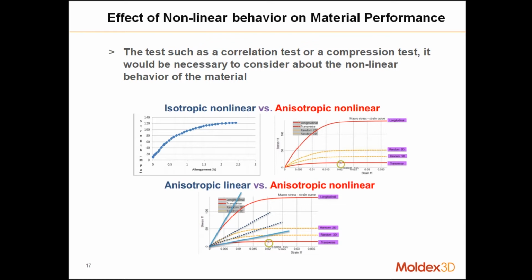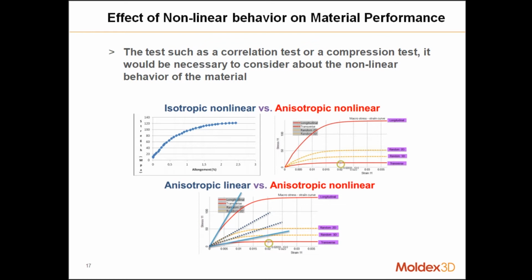What we can find is that if we consider the material as isotropic, there's only one stress-strain curve. But the truth is that in reality, the fiber orientation makes a big influence on the strength curve. I would say the product strength is affected due to the fiber orientation.